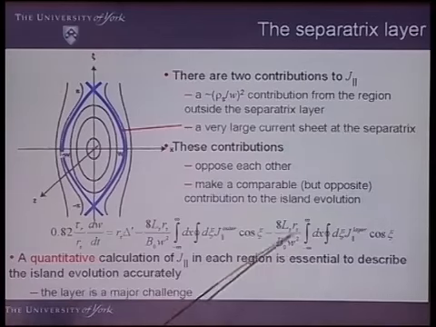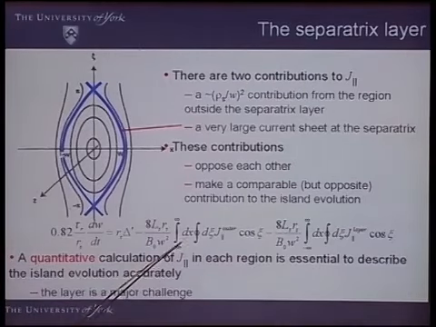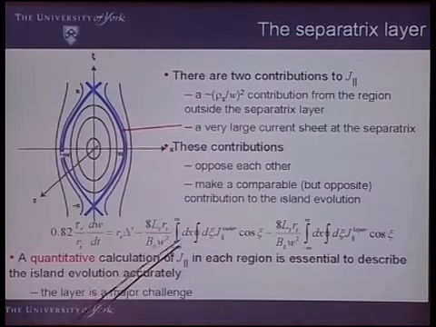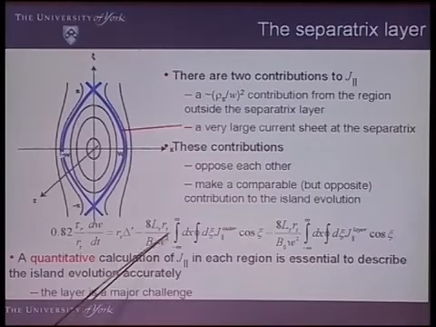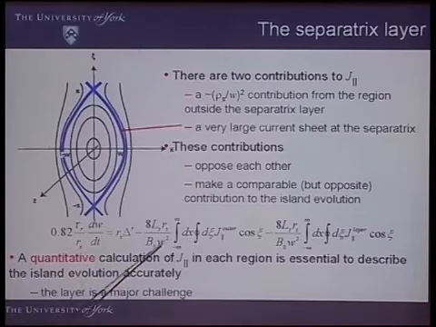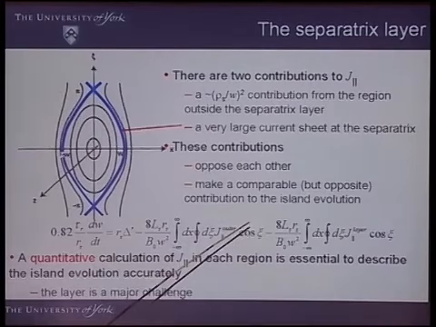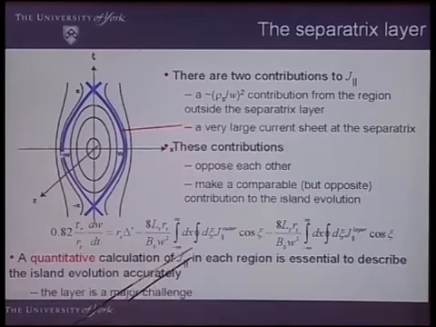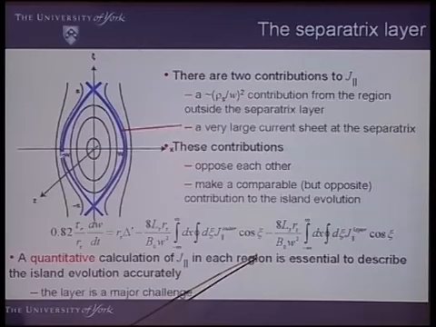So if you neglect this and just treat this outer region, as we initially did before Francois Waelbroeck pointed it out, if you only keep this piece, then you get a certain sign, say for argument's sake that it's damping the island, heals the island. But if you put in this one, it would reverse the sign. All the parametric dependence stays exactly the same, but it reverses the sign. What was damping becomes growing. So this causes a real headache because now we have to get things absolutely right.